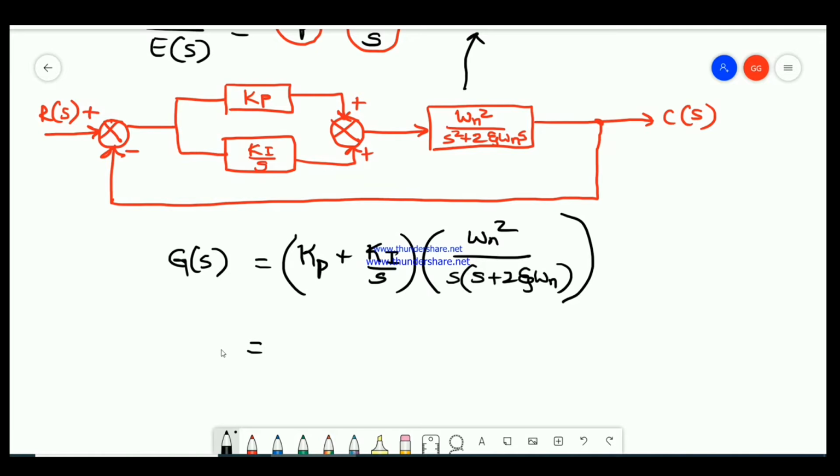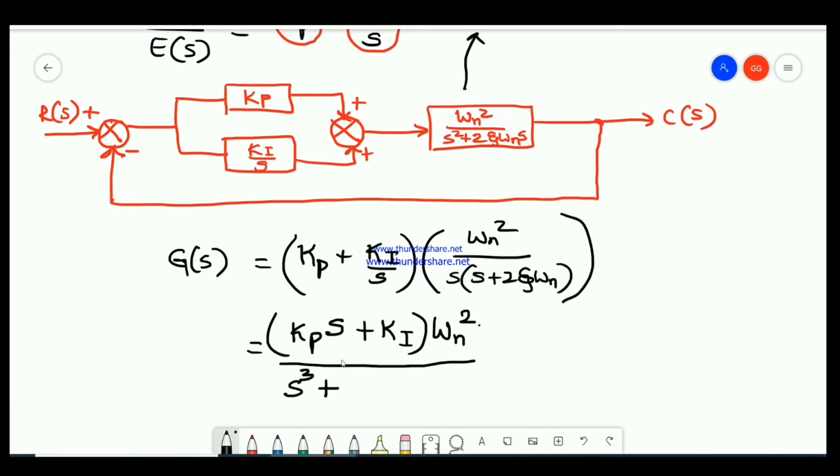If you multiply this equation by taking LCM, you see that it is Kp into s plus Ki divided by s, multiplied by omega n square divided by s into s plus 2 zeta omega n.